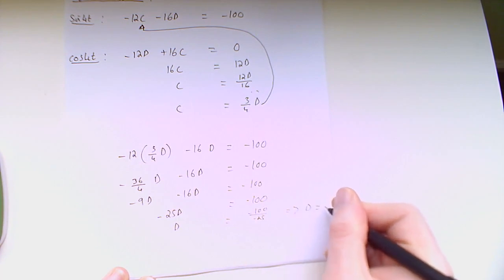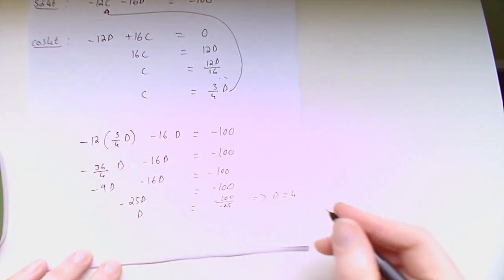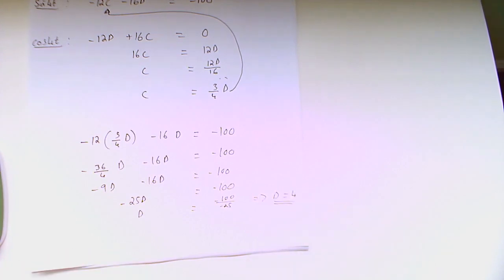So d is 4, which is quite nice. I was hoping it was going to give me a whole number. If it does, you normally know you've done it right. Obviously, questions aren't always that nice though.